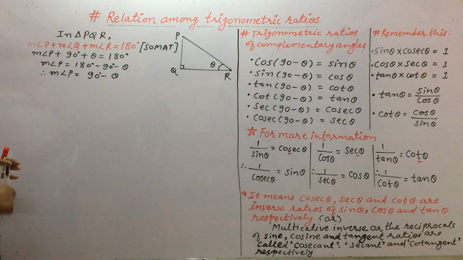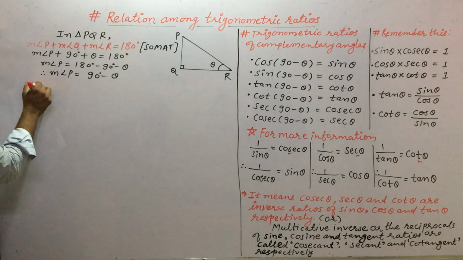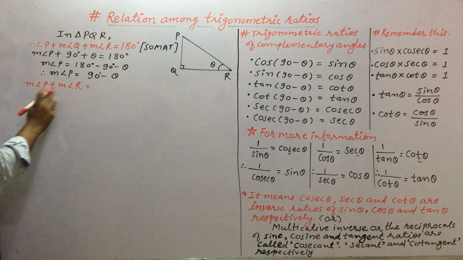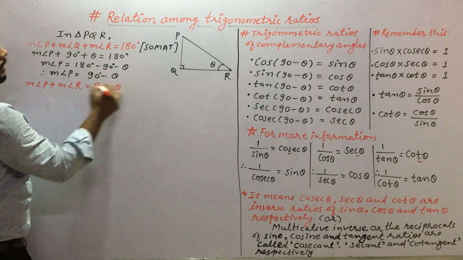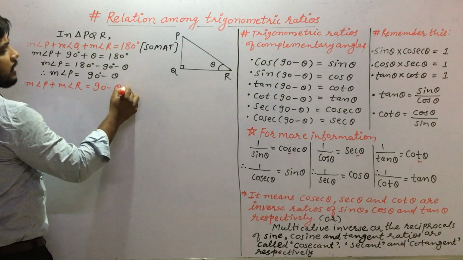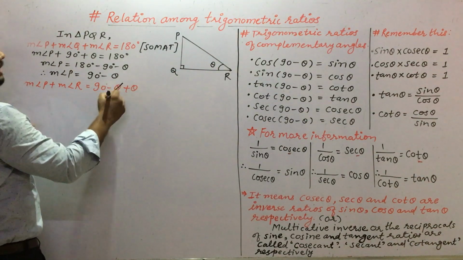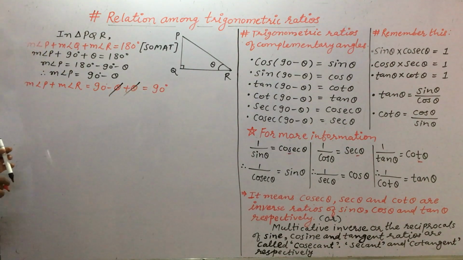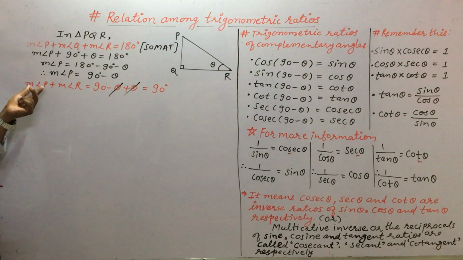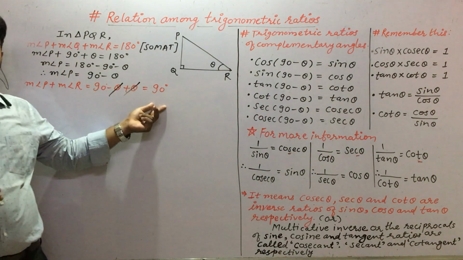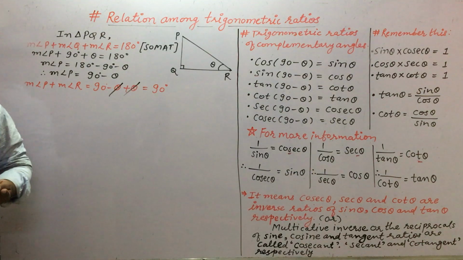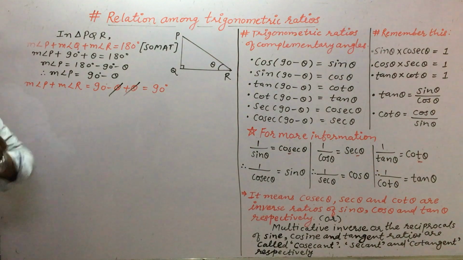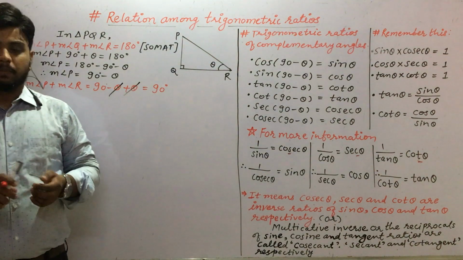Now let's quickly get the sum of the measure of angle P and the measure of angle R. The measure of angle P we just calculated is 90 minus theta, and the measure of angle R is theta. So the minus theta and plus theta cancel and we get 90 degrees. This means the sum of the measures of angle P and R is 90 degrees. Therefore they are complementary angles. As we know, if the sum of the measures of two angles is 90 degrees, then they are called complementary angles.